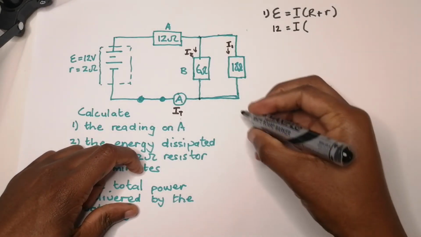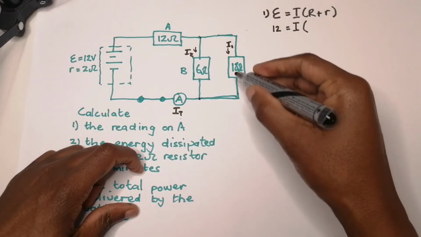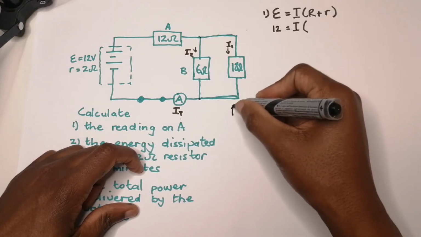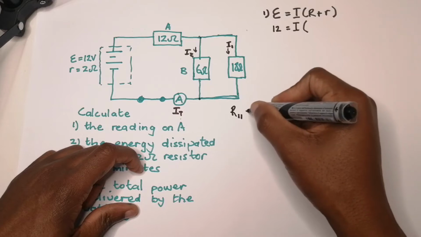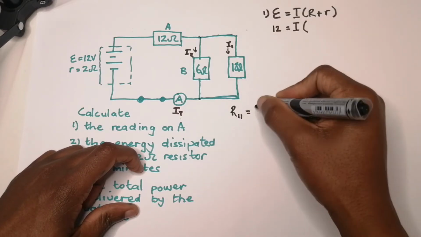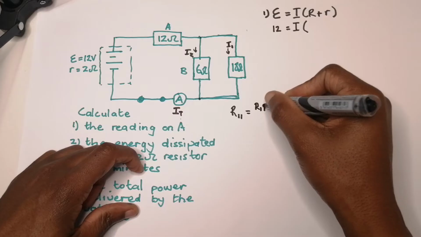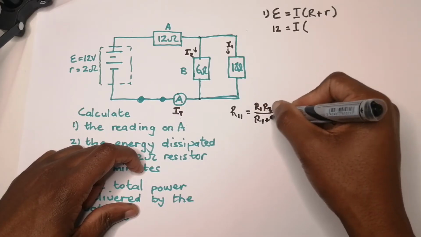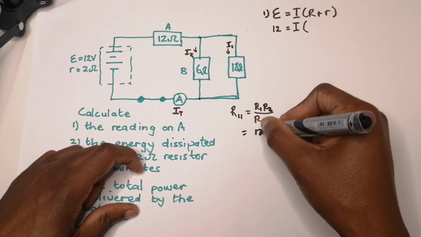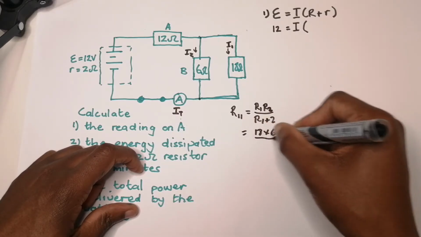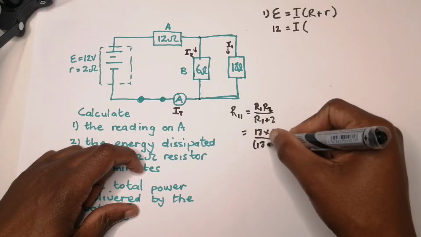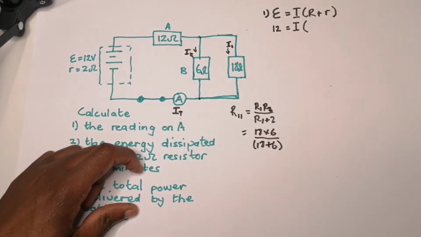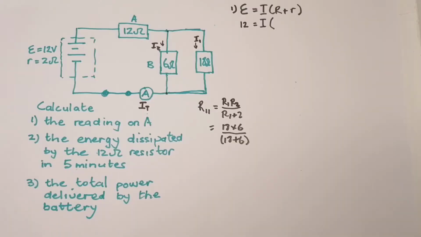So what you simply are going to do, I'm going to do it on the side here. We take that R parallel, the effective parallel resistance. And by the way, there's a shortcut where you just simply say R1 times R2 divided by R1 plus R2. So that's going to be 18 times 6 divided by 18 plus 6, and I simply get a value of 4.5 ohms.